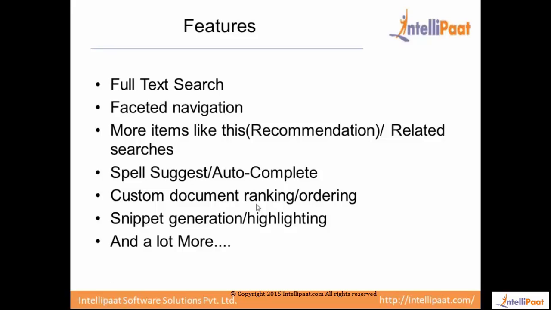Then we have custom document ranking or ordering. What I mean by document is, because Solr is a text-based search engine and it stores everything in the form of documents. And those documents can have related data. So those documents can be ranked or ordered depending on your usage.